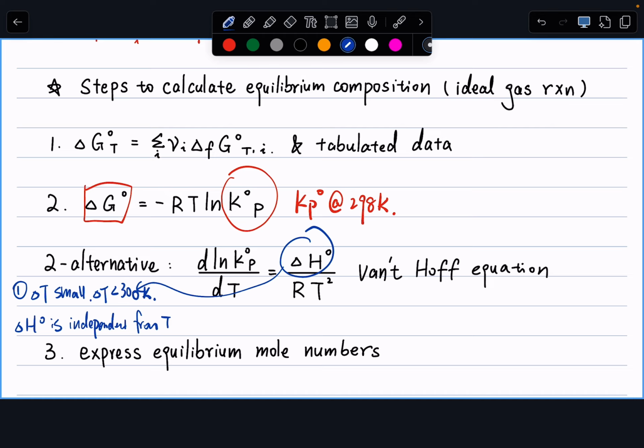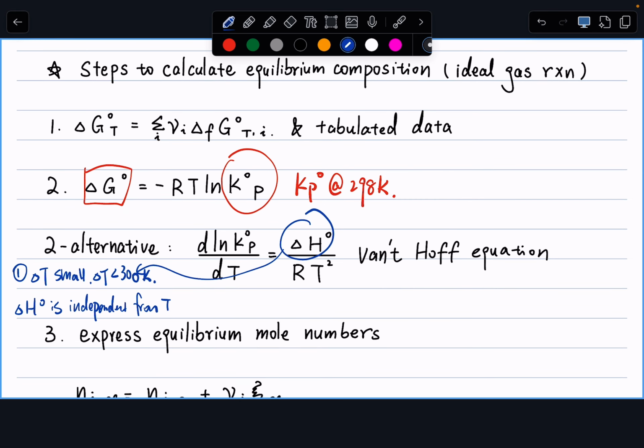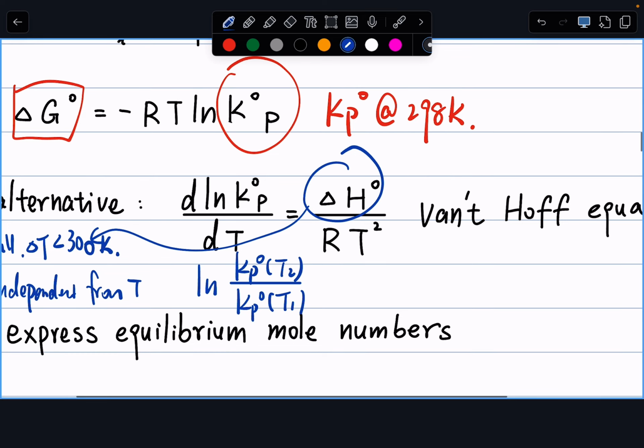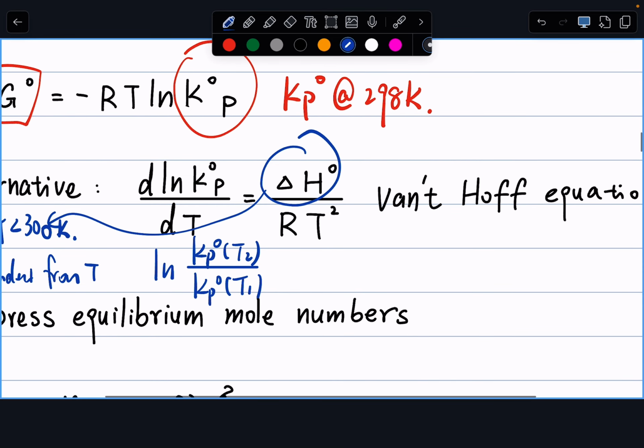What we end up getting, for a small temperature change, is the natural log of Kp naught at T2 over Kp naught at T1, which roughly equals delta H naught divided by R, times 1 over T1 minus 1 over T2.